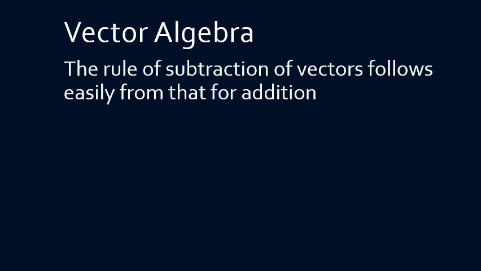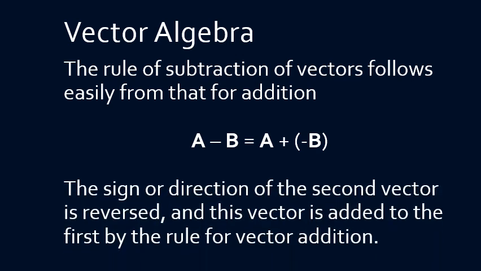Now, the rule of subtraction in vectors follows easily from that for addition. Because a minus b is the same as a plus negative b, it follows that the sign or direction of the second vector is reversed and this vector is added to the first by the rule of vector addition.